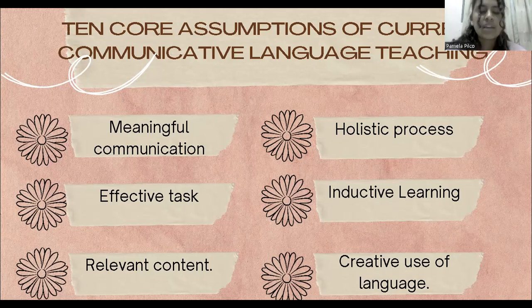The other one is a holistic process. What does it mean? It means that it is not just focusing on one skill, and we can focus on several language skills. The other one is inductive learning.